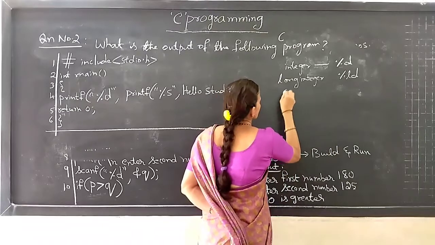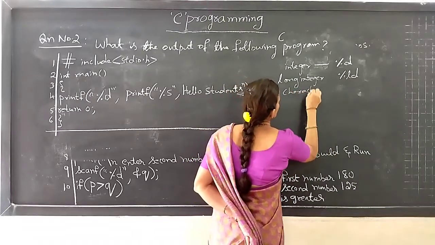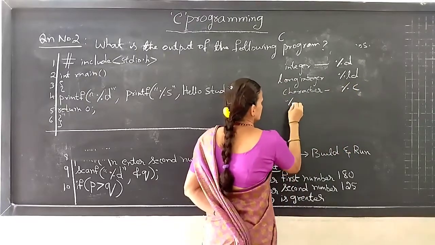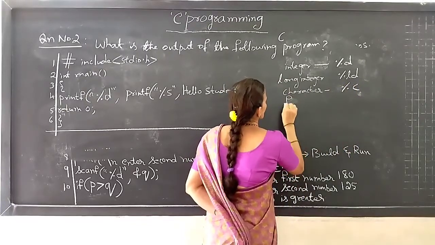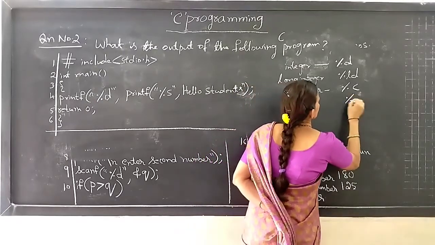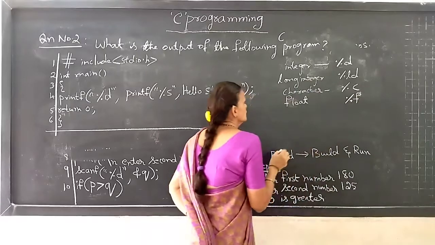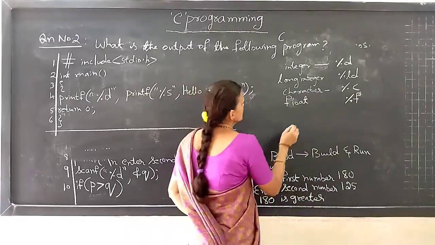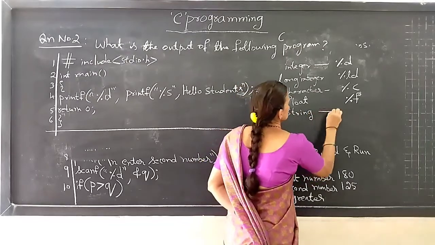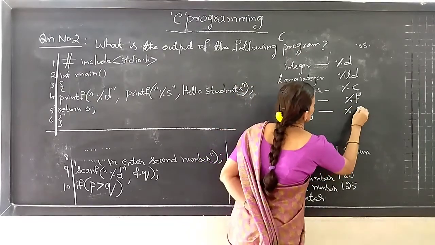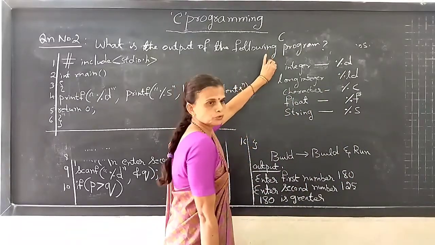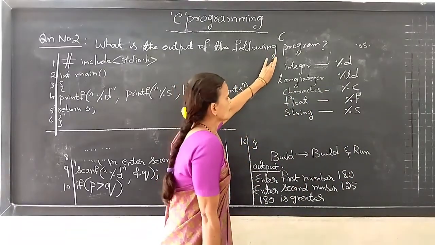For the character data type we use %c. For float type, float means decimal, so %f, like that. Then for string type of data we have to use %s. This is the minimum knowledge you should have while writing a C program.